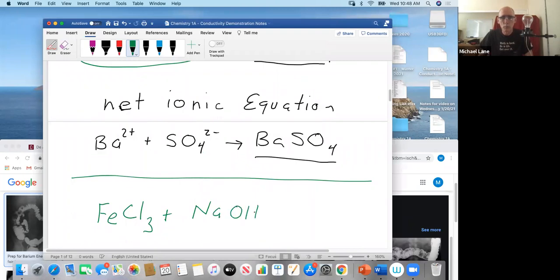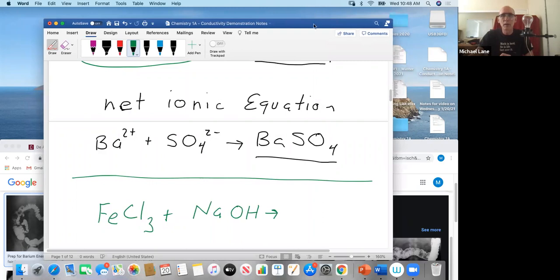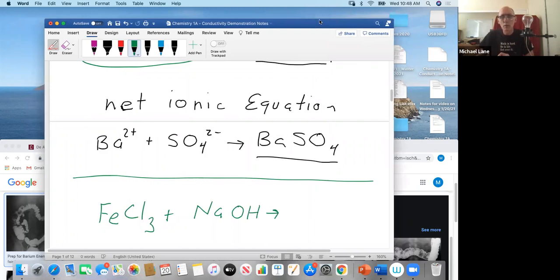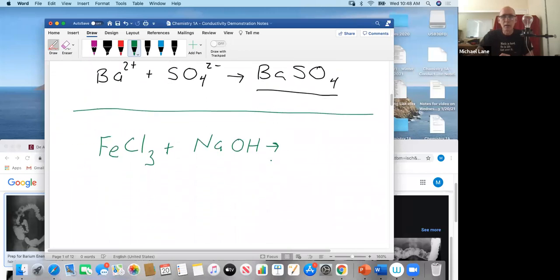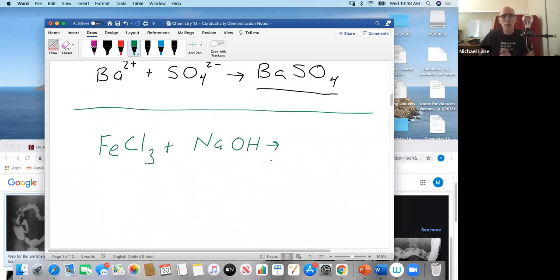Now, we'll see some solubility rules later that help us predict these things. But this reaction will either be a double displacement reaction, or there will be no reaction at all, right? So in this case, the cations will swap and the anions will swap, or there will be no reaction at all.